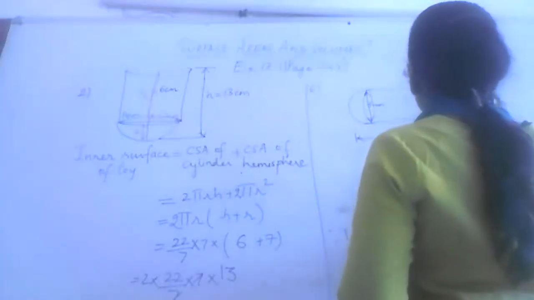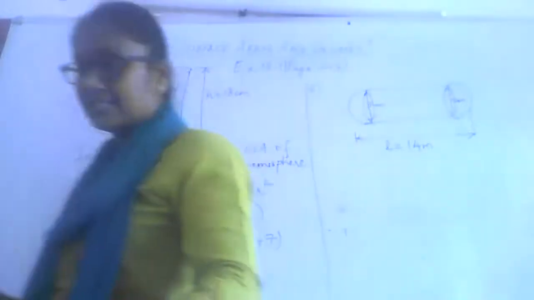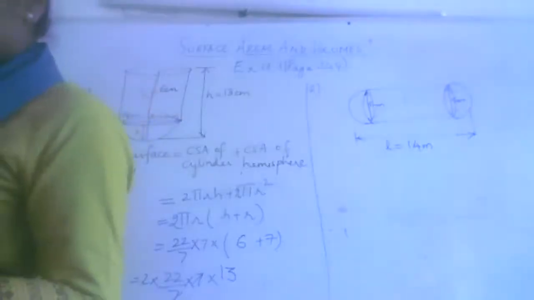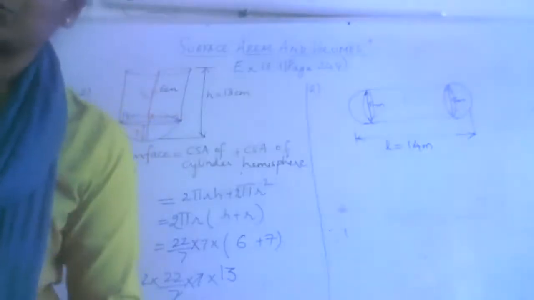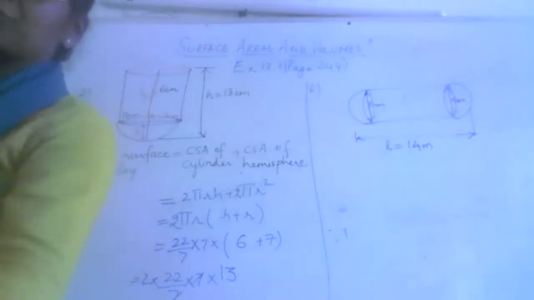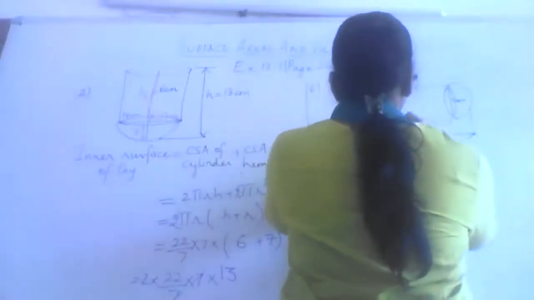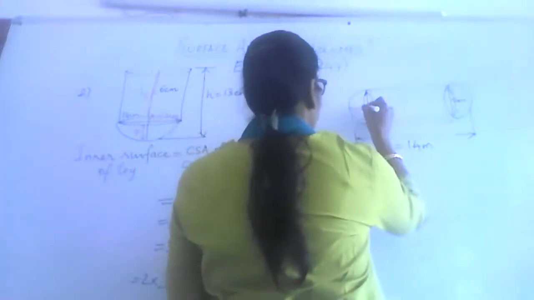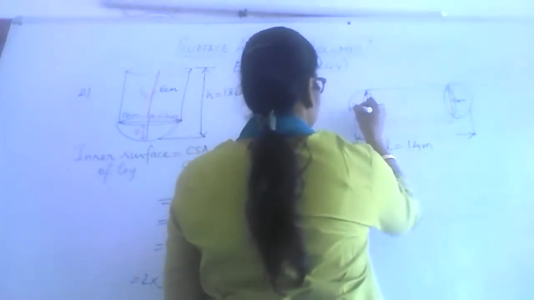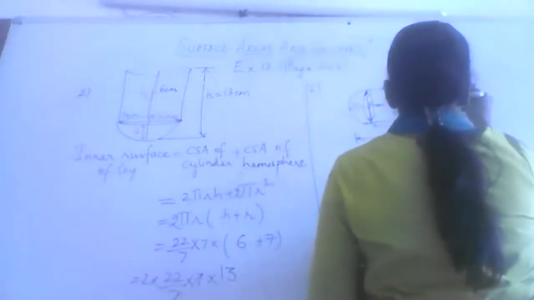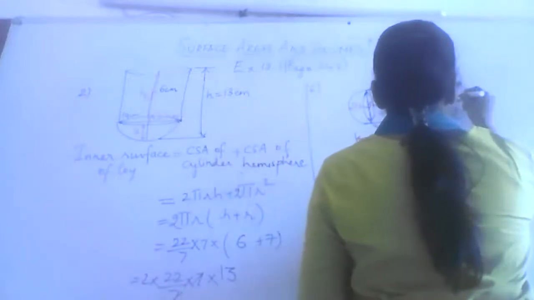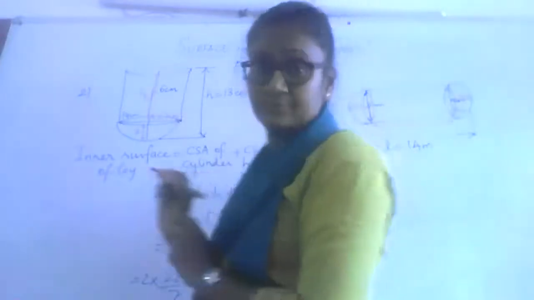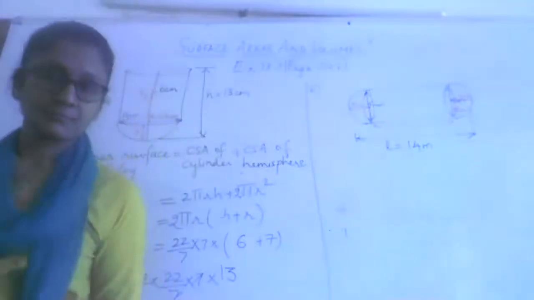From this, you should be able to get the total surface area of the capsule. First we have to find out the length of the cylindrical part. The radius will be 5 by 2. Ma'am, 9 millimeter. And 5 by 2 and 5 by 2. Yes, what's the problem? 9 millimeter is the length of the cylinder.